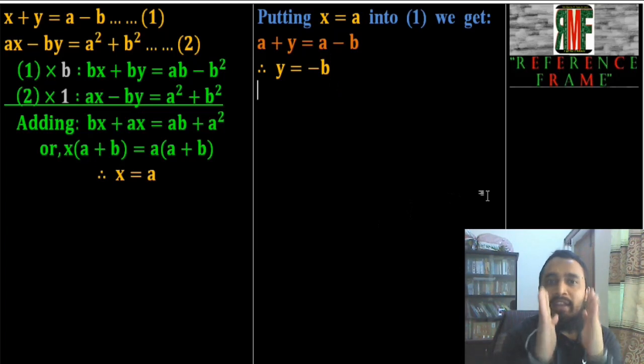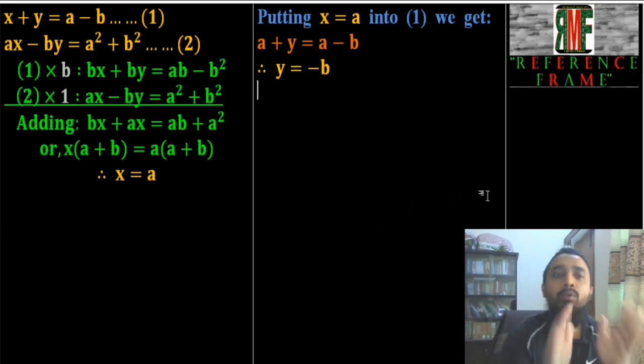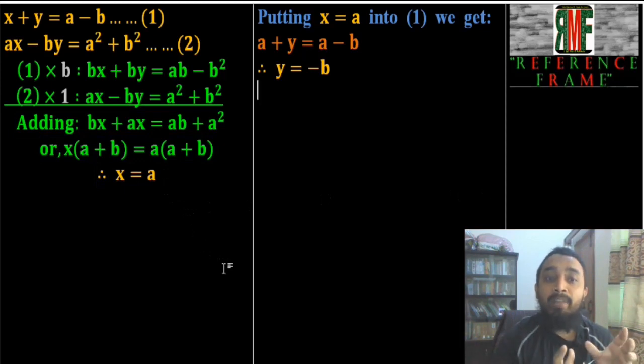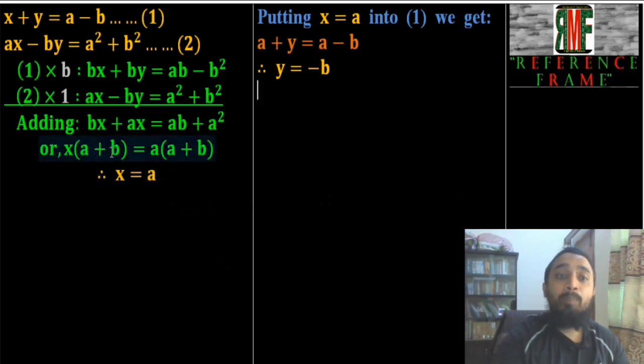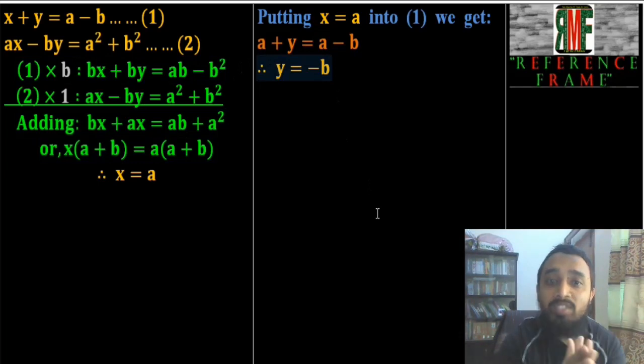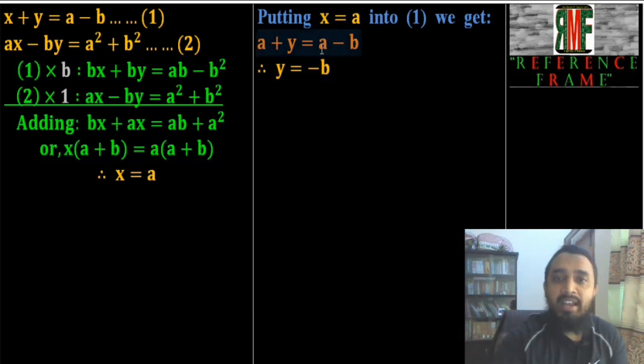For finding the value of x, we applied the cancellation law of multiplication since they were in product form on both sides with the same value. This time they are in addition form on both sides with the same value and same sign. Look here, the sign of a on the right hand side is plus and the sign of a on the left hand side is plus as well.